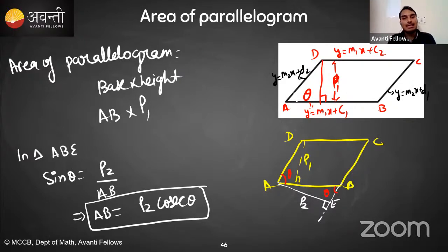So if the line is given in the form of ax plus by plus c is equal to 0, first write it in the form y is equal to mx plus c, all the 4 lines, and now you know what m1, m2, c1, c2, d1 and d2 are, and then you can find the area. Clear? Is this clear or not? Tell me quickly in the chat box. Is this clear, students? Any doubts regarding this? Okay.